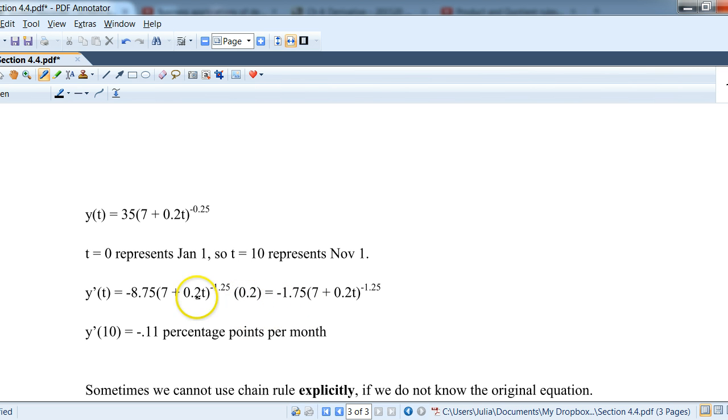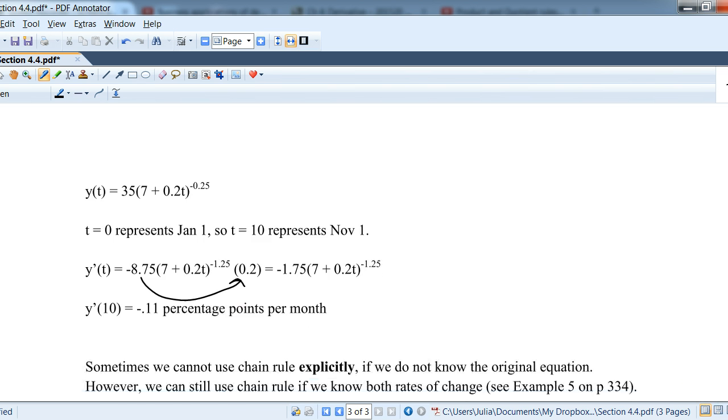And 0.2 times negative 8.75, we can distribute, and that would give us negative 1.75 times 7 plus 0.2t to the negative 1.25 power. If we plug in 10, use your calculators, I'm getting about negative 0.11 to two decimal places, which is percentage points per month, because we're talking about rate of change, and y was in percentage points, and that's per unit of time t, so that's per month.